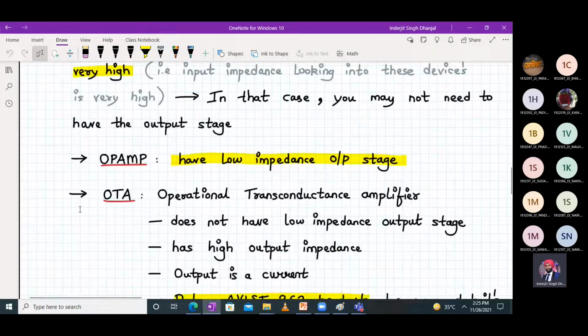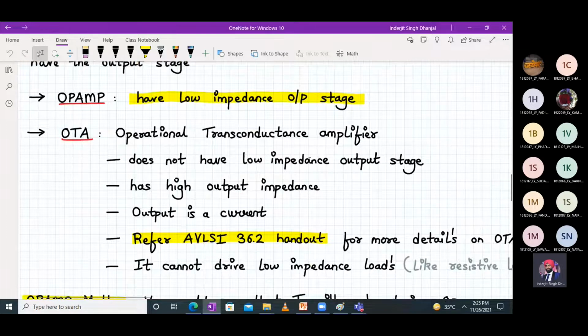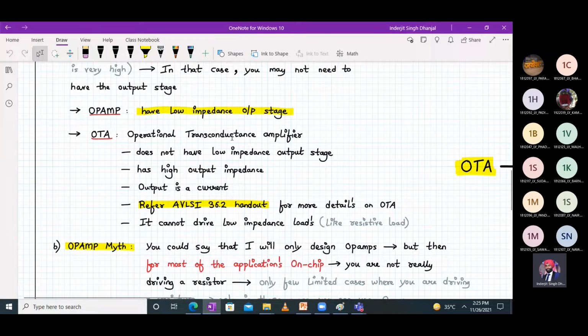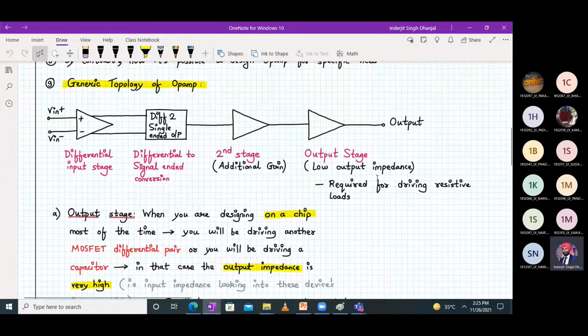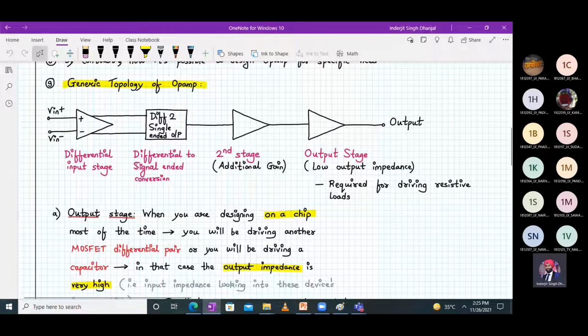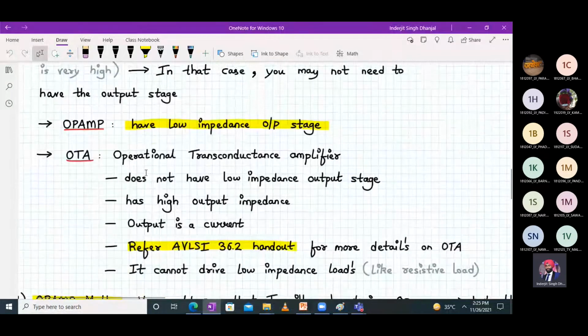Whereas OTA, the operational transconductance amplifier, does not have a low impedance output stage. That's the only difference between op-amp and OTA. Op-amp will have a low impedance output stage, whereas OTA will not, and OTA will have a high output impedance. For OTA, the output is the current.